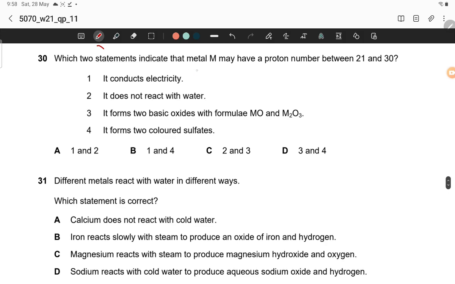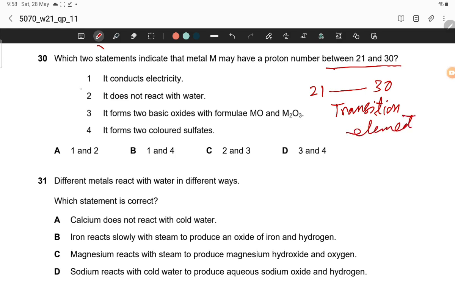Which statements indicate that metal M may have a proton number between 21 and 30? 21 to 30 are transition elements. It conducts electricity. Yes, it is correct. It does not react with water. It forms 2 basic oxides with formulas MO and M2O3. Yes, this is correct, variable oxidation state.